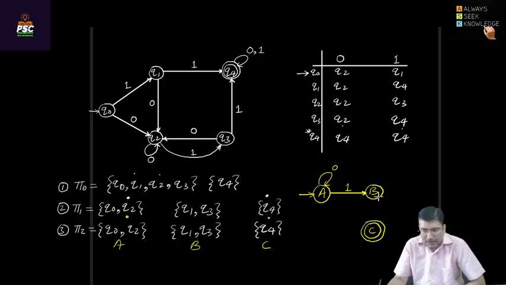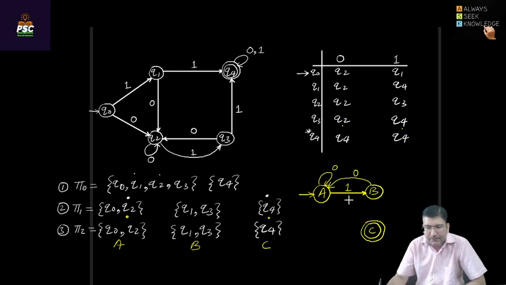Now look at B. For B, we just need to check 1 and the remaining will be the same because the sets are created like that. So Q1 is leading to Q2, Q4. So Q2 belongs in this set, so we are coming back to this for 0.